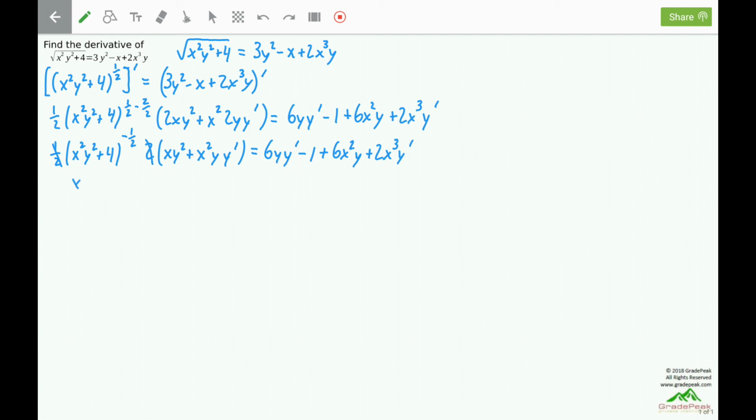The next step, I can move that negative exponent to the denominator. And it can then be a positive exponent. So it'll be x squared y squared plus 4 to the positive 1 half. I will leave the right side alone.